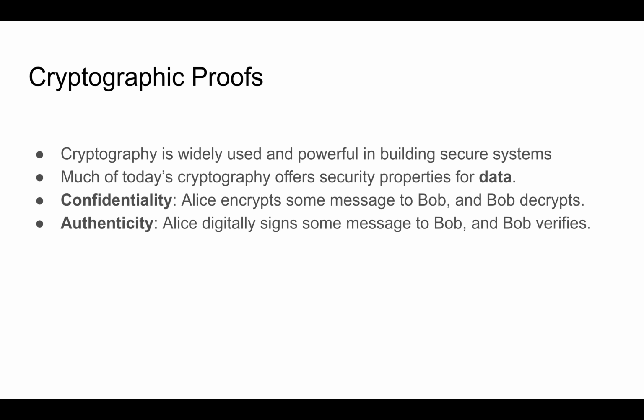Alice can encrypt her secret message to Bob, and Bob can decrypt it if he knows the secret key. Cryptography also provides authenticity. For example, people can digitally sign a message to Bob, and Bob can authenticate the validity of the signer by verifying the signature.